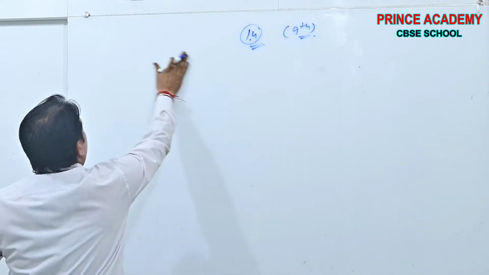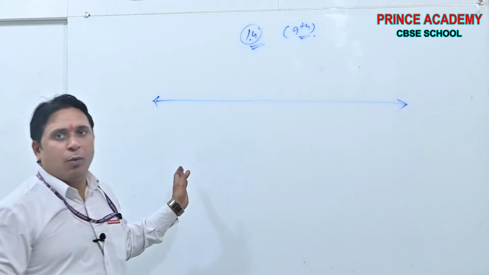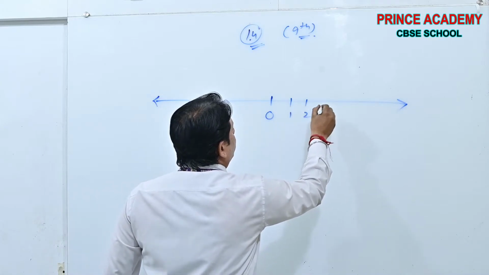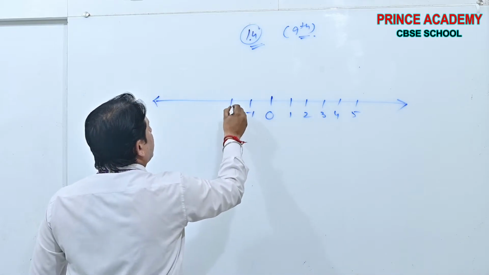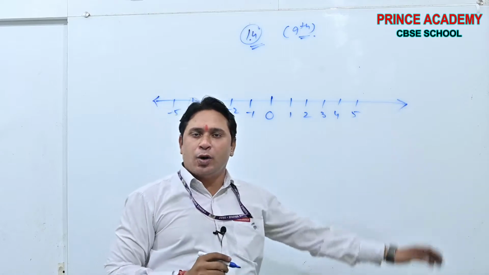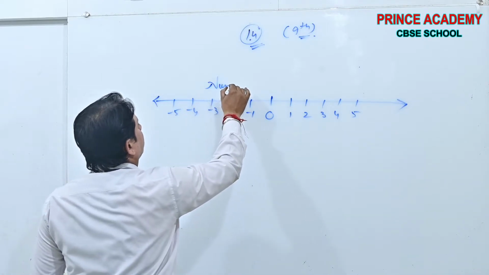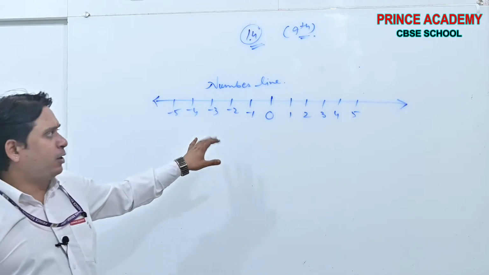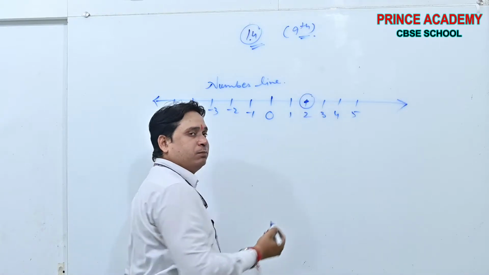You all know what is a number line? On a number line, 0 is at the center, then 1, 2, 3, 4, 5, and there is -1, -2, -3, -4, -5 up to infinity, and so on. This is the number line. If you are asked to locate point 2 on this, you will say, sir, this is 2.